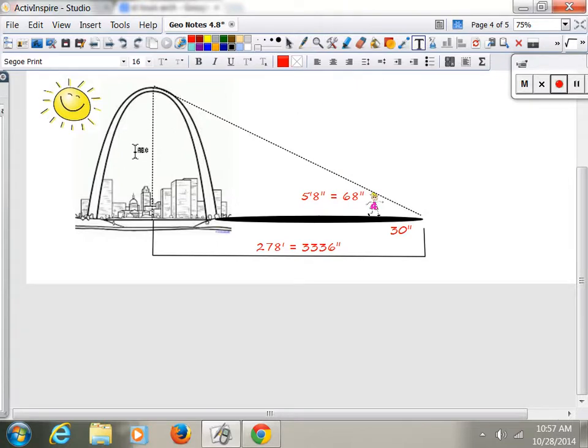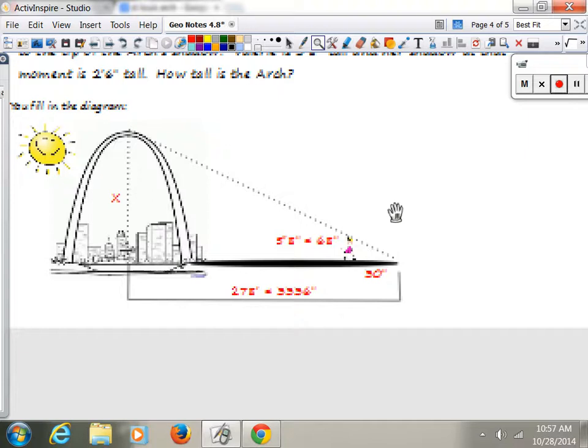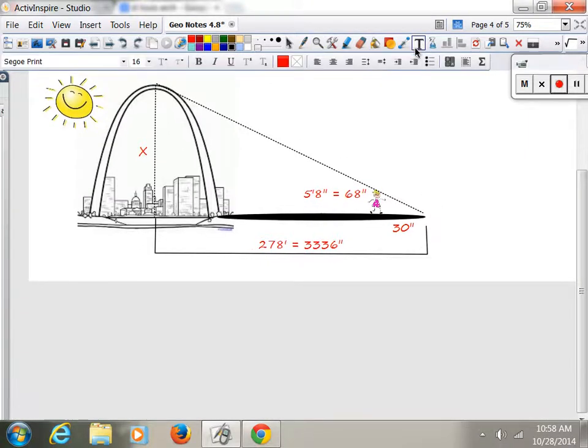Okay, wait, we need X, that's the height of the arch. Her shadow is 30 inches. So let's put what on top? X on top? X over 68 would work, or X over 3336. You can do either one.